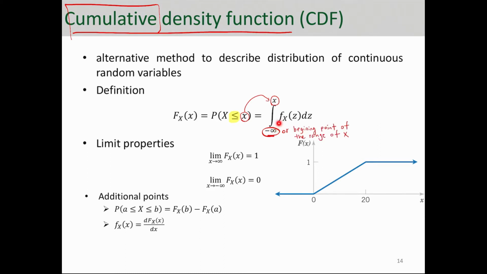You're integrating the PDF function from the beginning of the range to point x, and that will give you the CDF function.